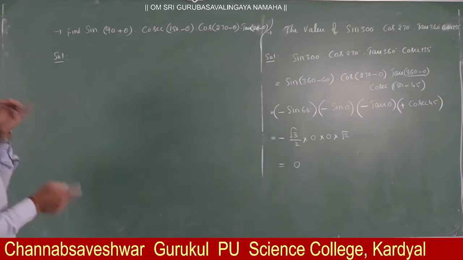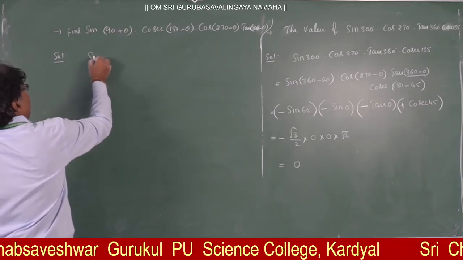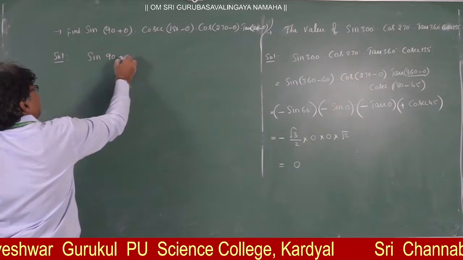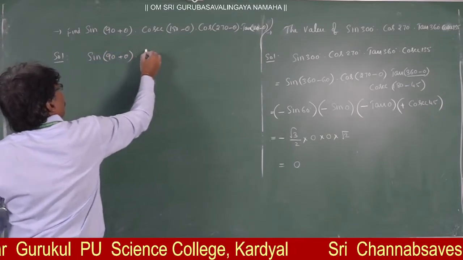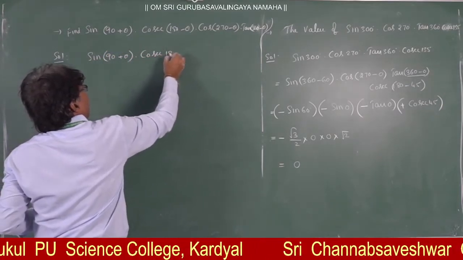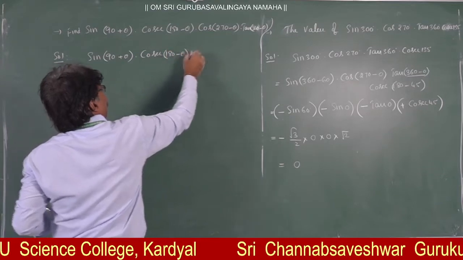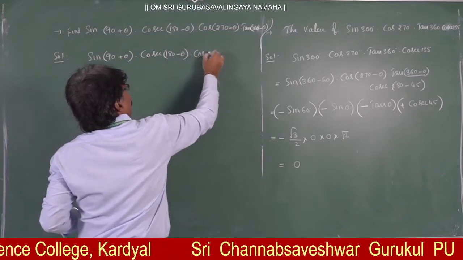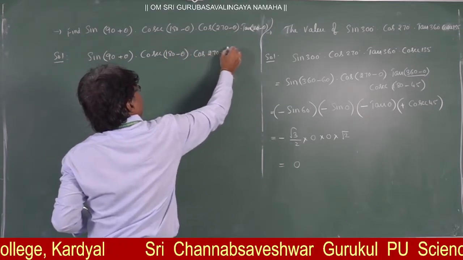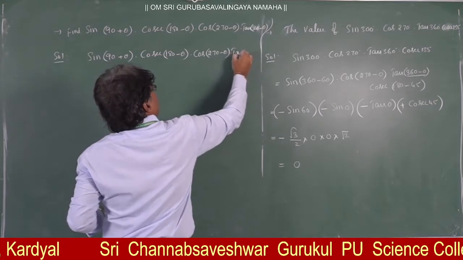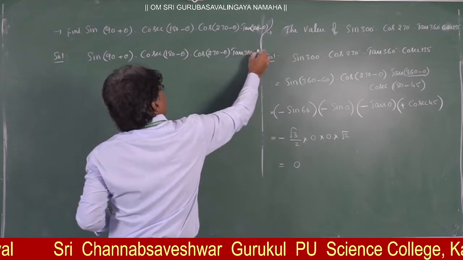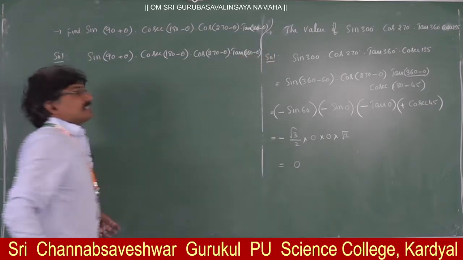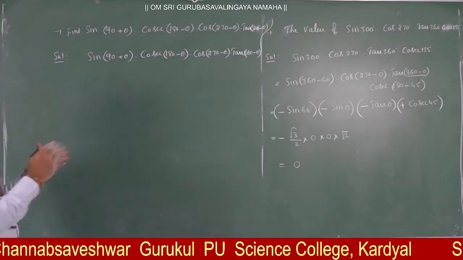Now, sin of 90 plus theta into cosecant 180 minus theta into cos of 270 minus theta into tan of 360 minus theta. We have to find the simplification.